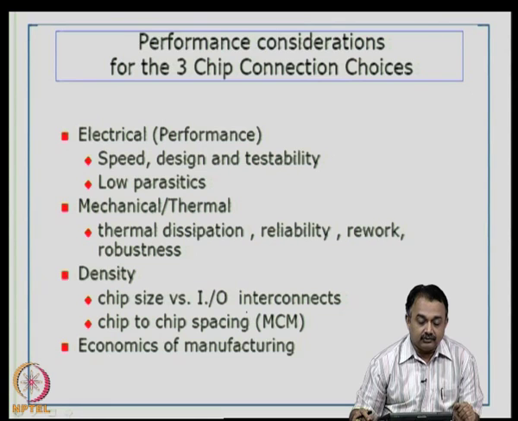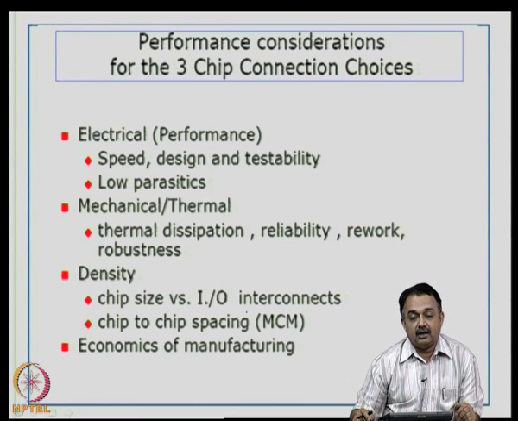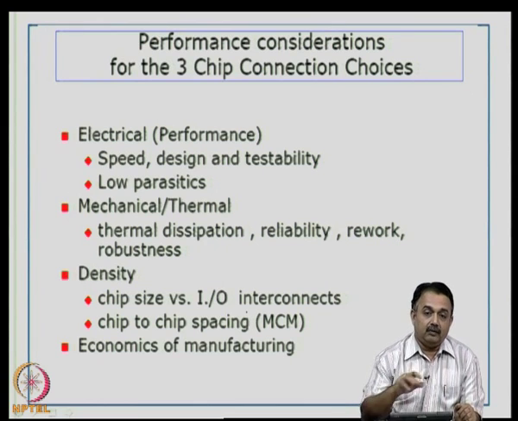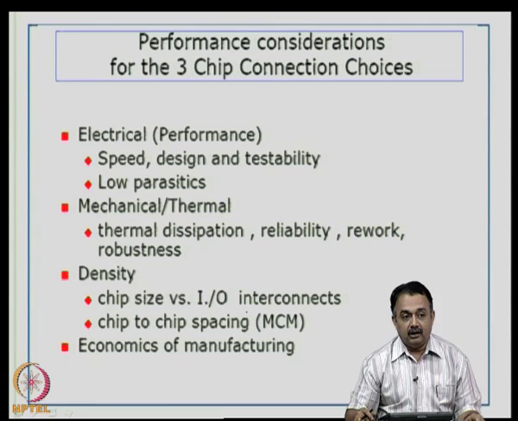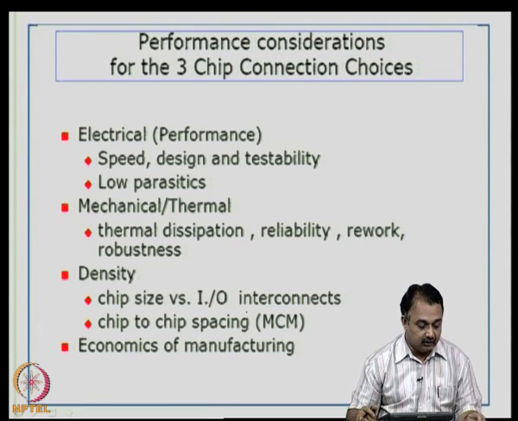Mechanical and thermal issues are very important: thermal dissipation, thermomechanical reliability, reworking and robustness, density, that is chip size versus number of IOs, chip to chip spacing as in the case of a multi chip module, where you will have an array of flip chips interconnected. And then finally, very important, economics of manufacturing, because it really depends on what volume you want to work with.